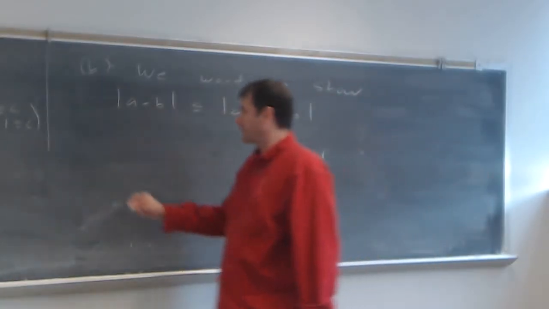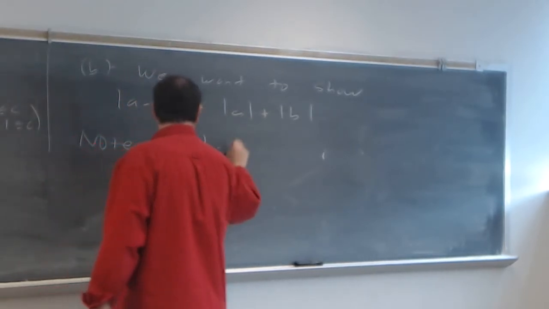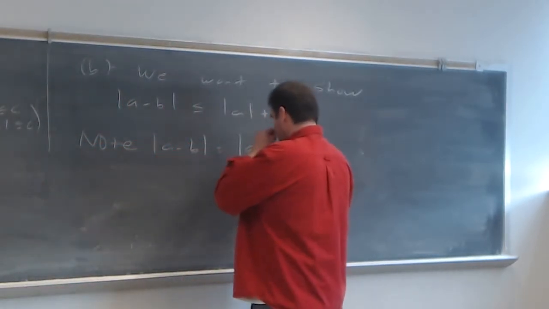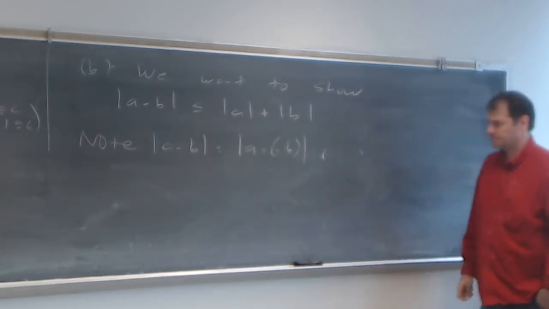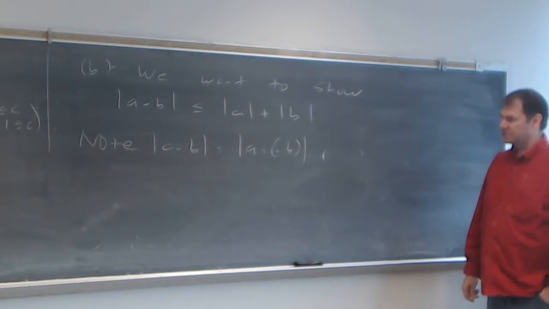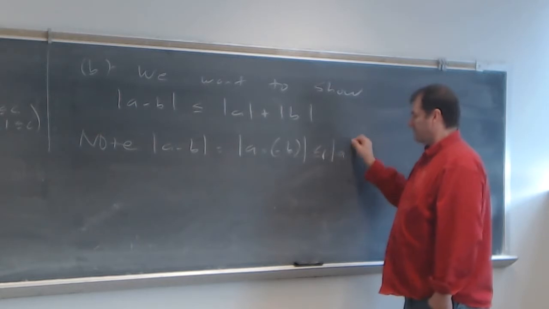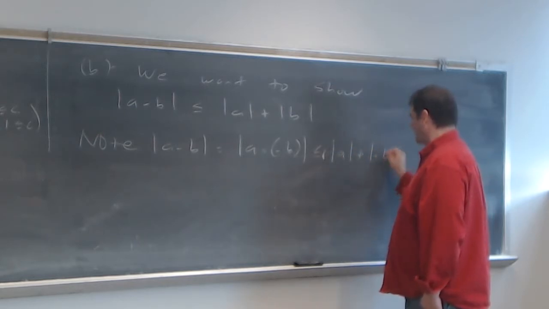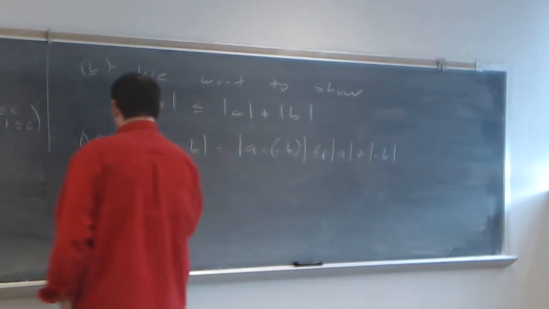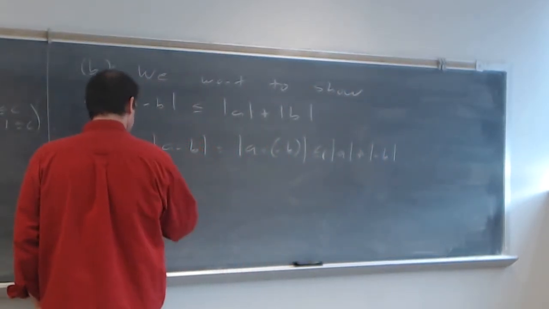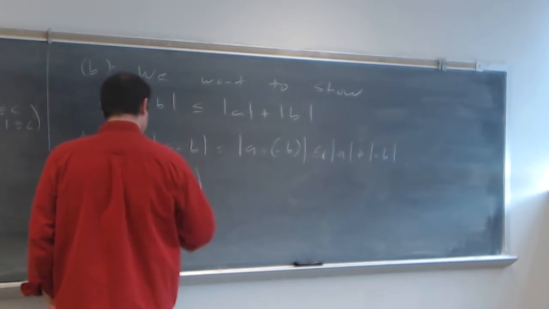Here's the way I'm going to think about it. Note, the absolute value of A minus B is the same thing as the absolute value of A plus minus B, because that's the way subtraction is defined. But that's less than or equal to, by the triangle inequality, the absolute value of A plus the absolute value of minus B. Now from homework assignment, minus B is really the same thing as minus 1 times B inside absolute values.